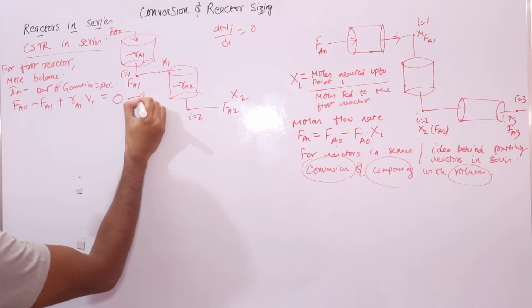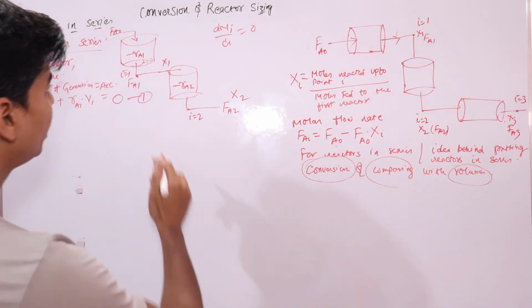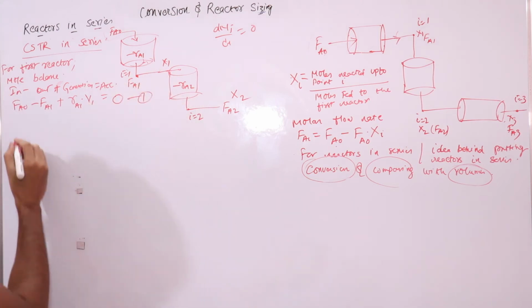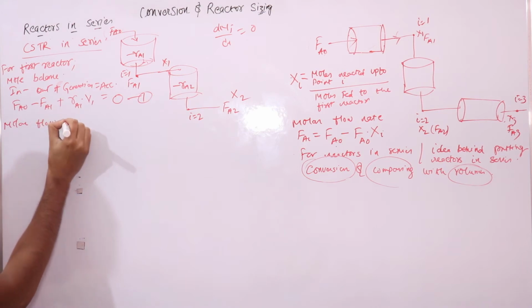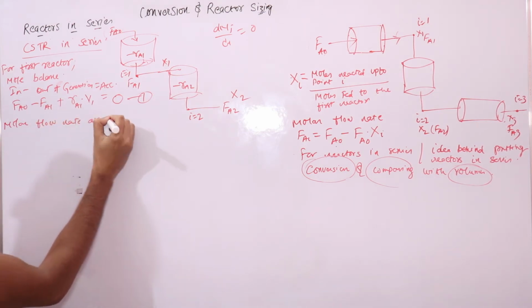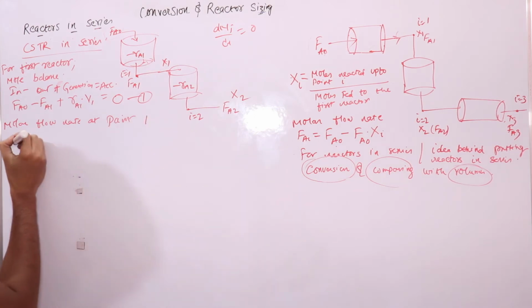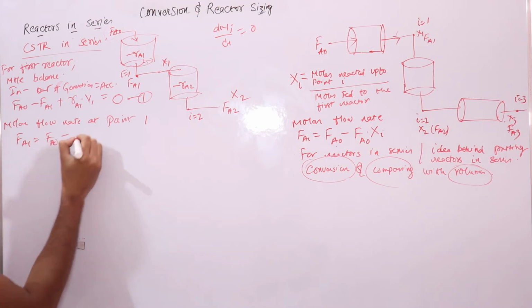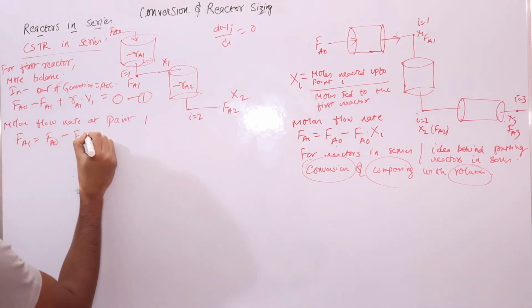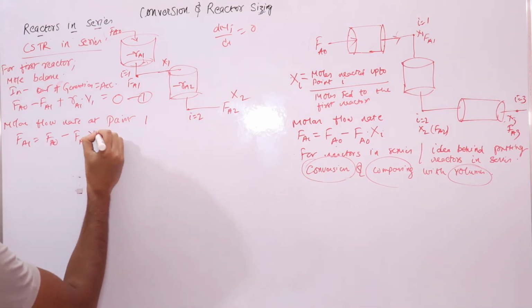This is equation 1. Now we'll find the molar flow rate at point 1, right. So the molar flow rate at point 1, it would be FA1 is equals to FA0 minus FA0 X1.